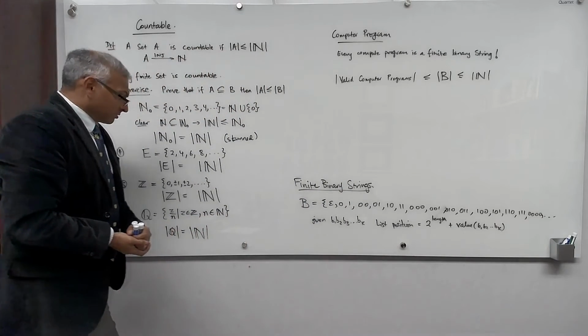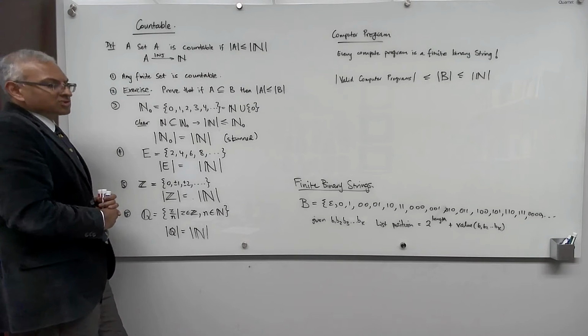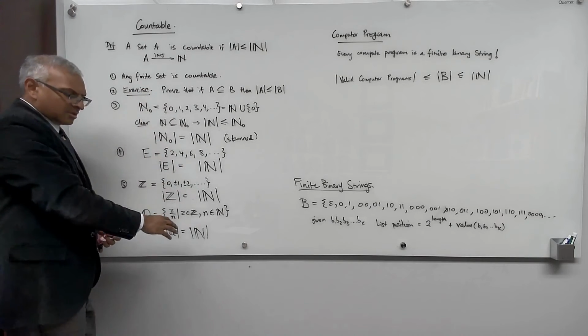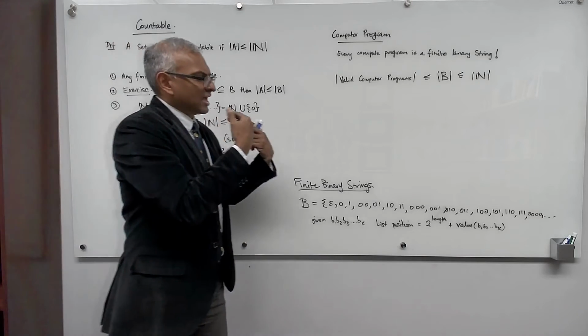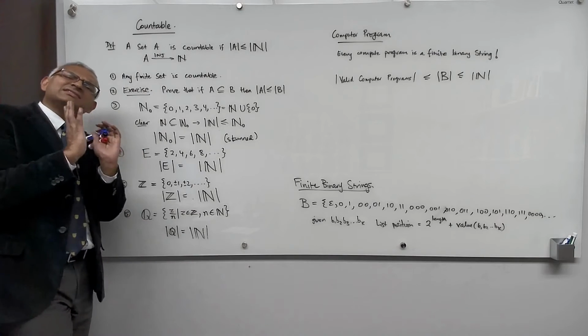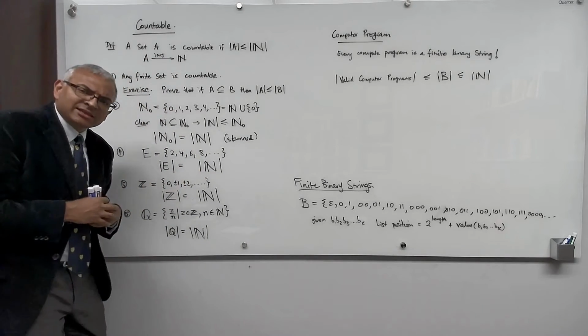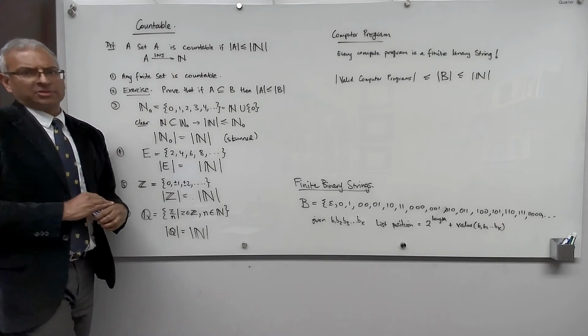So Cantor is looking at the state of affairs, and it looks like everything has the same cardinality as the natural numbers. He's really trying to find out whether there's any set whatsoever which has a cardinality larger than the natural numbers.